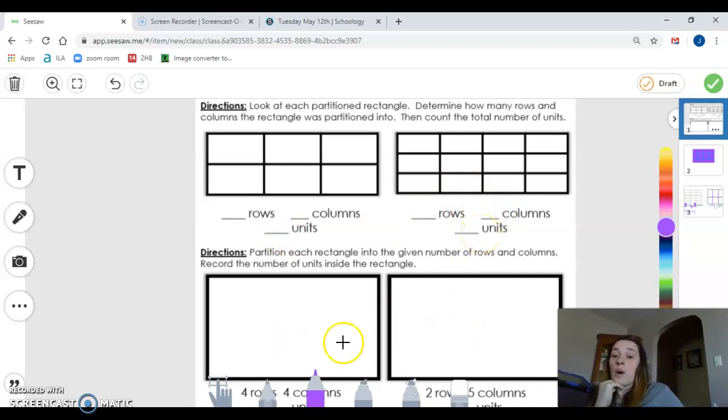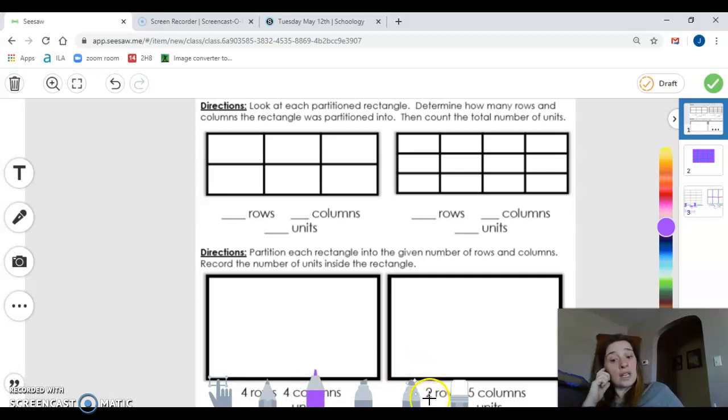Now down here there are 4 problems, and I only copied 2 because I figured that was a good enough example for you. You're going to partition each rectangle into the given number of rows and columns. So this one has 4 rows and 4 columns, so I need to make it to where it has 4 rows and 4 columns.